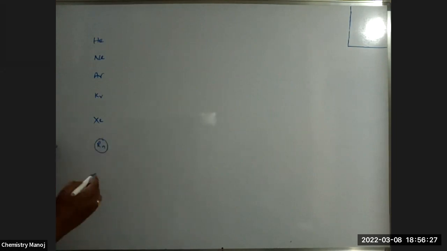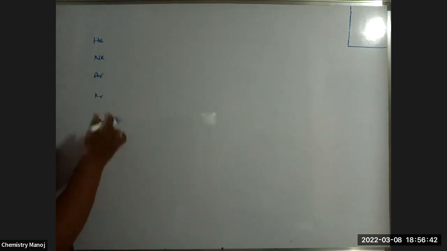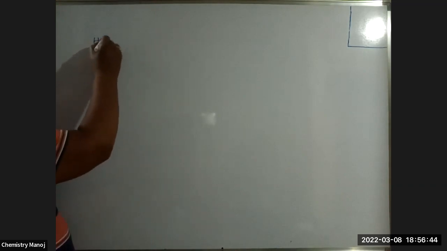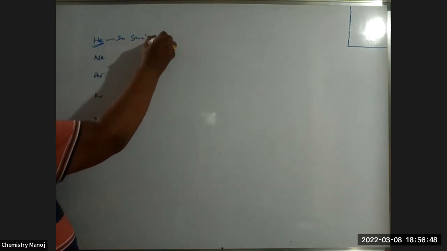No doubt, I already explained where radon comes from: it is from radium, and that is why the name radon is given. Now among these elements, the first noble gas identified is helium, in the sun's atmosphere.